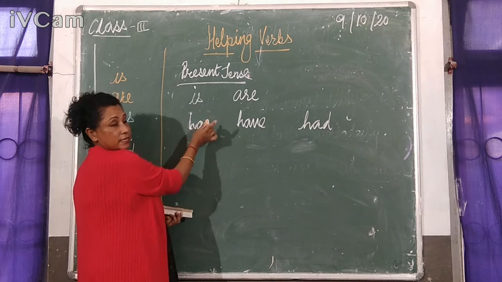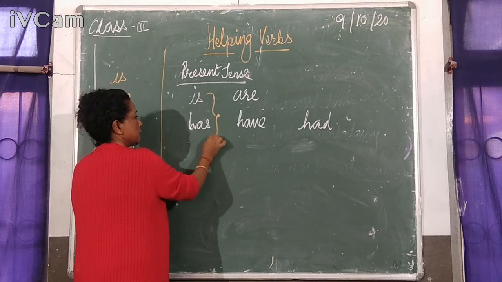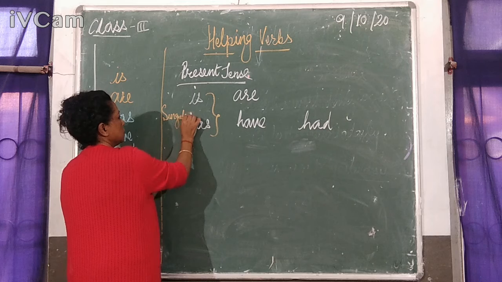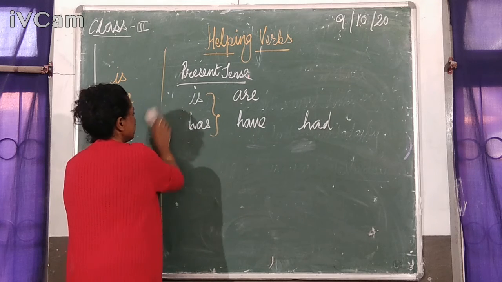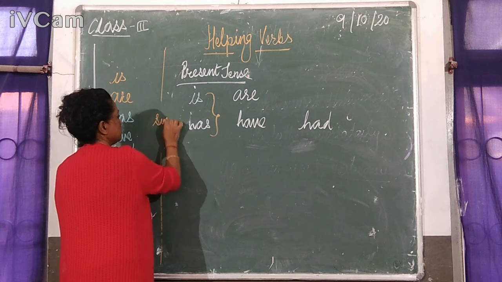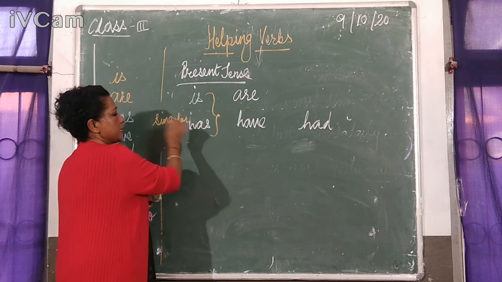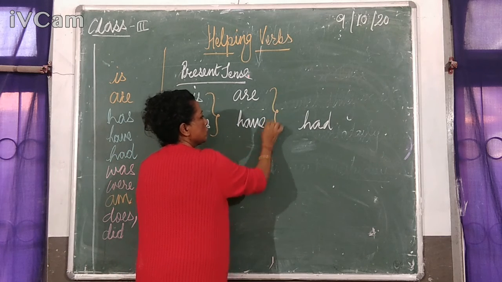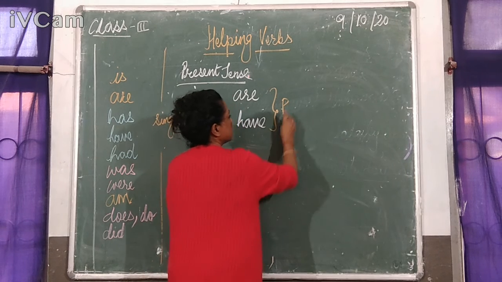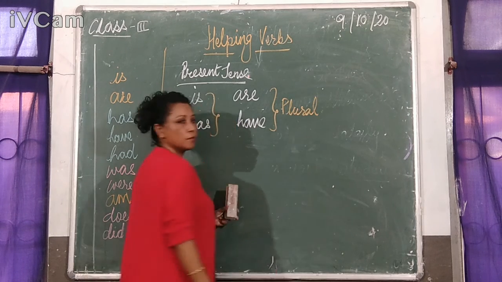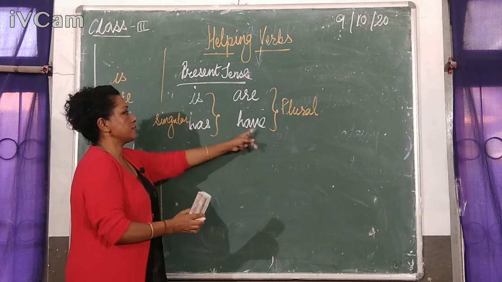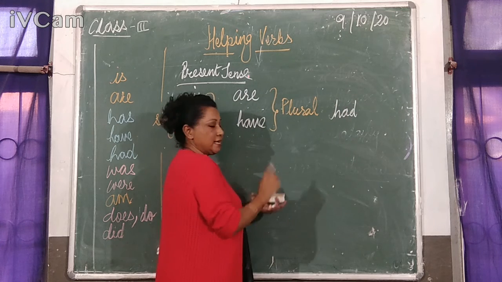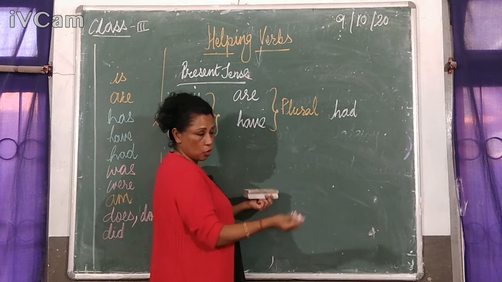But listen here: is and has tell you about singular, whereas are and have tell you about plural. And had tells you about both singular and plural.